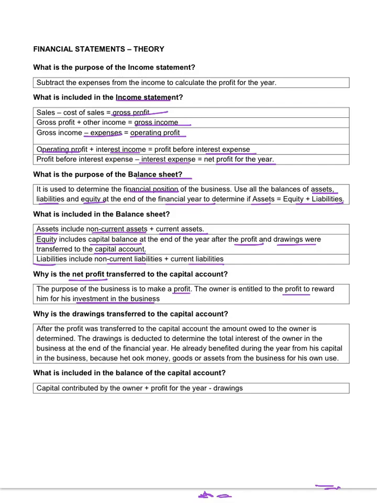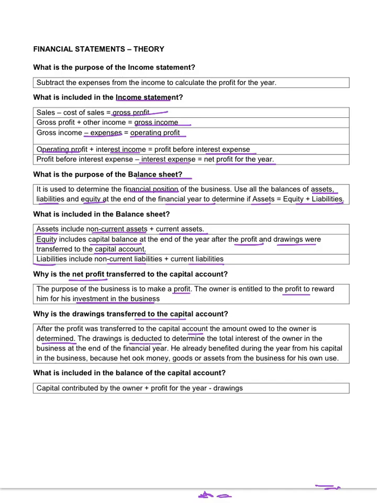Why will drawings be transferred to the capital account? After the profit was transferred to the capital account, the amount owed to the owner is determined. That means his capital contribution plus the profit that he's entitled to.